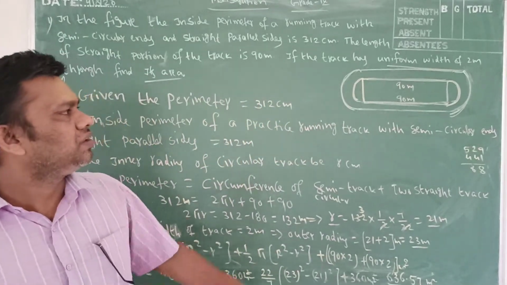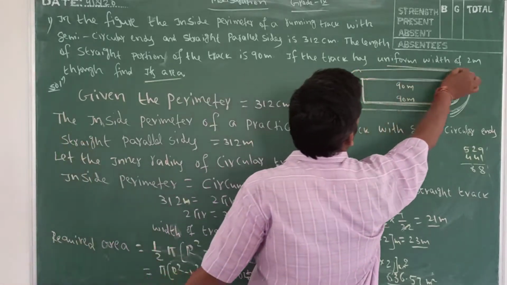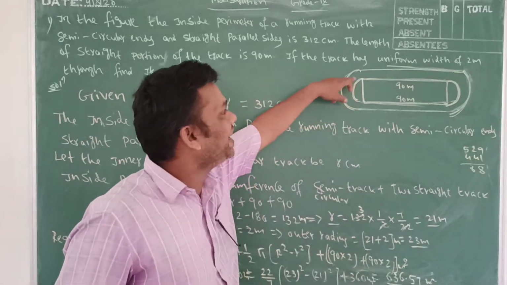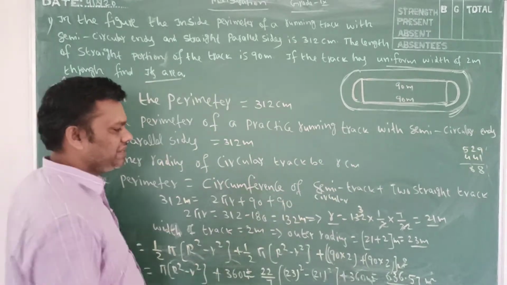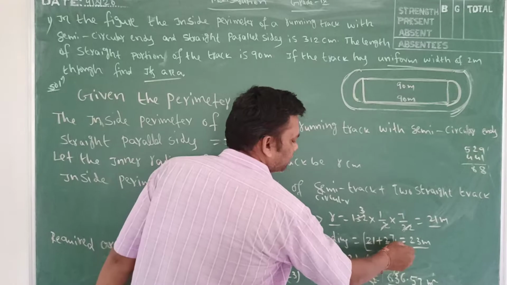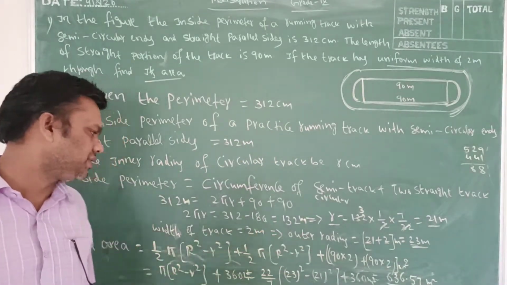And now they gave the width, a uniform width of 2 meters. Means the outer radius is the inner radius plus the width, that is small r plus 2 meters, which is 21 plus 2, 23 meters.